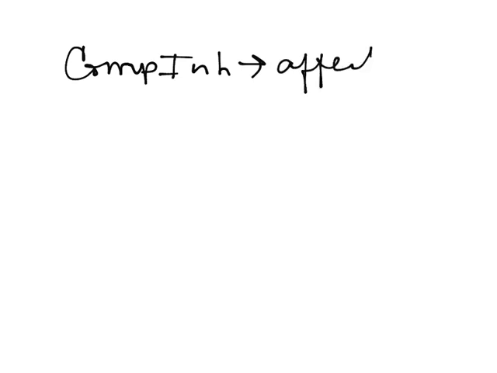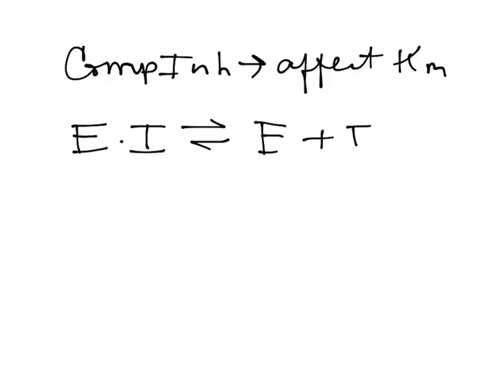So when we look at it, competitive inhibitors are going to have a distinct effect on the Km, the binding affinity for substrate, because they're essentially blocking the enzyme's active site where the inhibitor is going to bind. We can talk about the dissociation constant for the enzyme-inhibitor complex, and that's called the Ki.